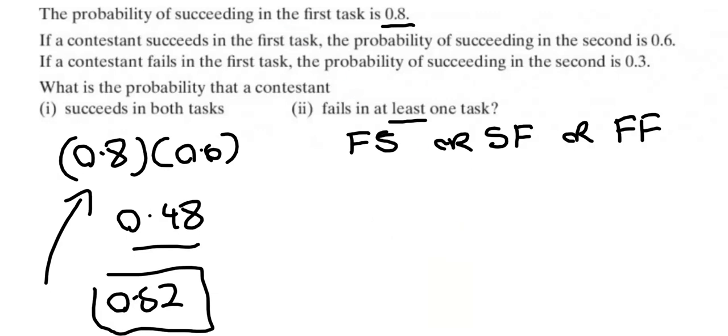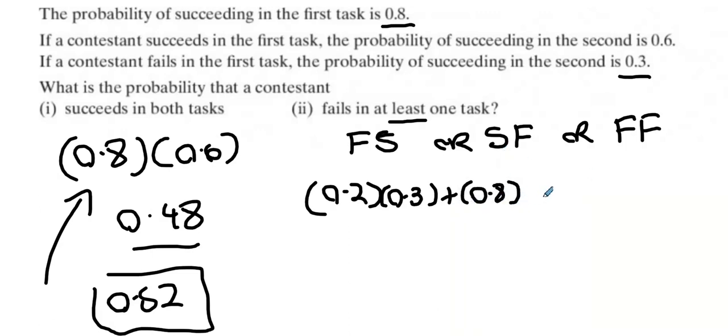Now look at this then. What's fail followed by success? 0.2 by, and if you fail the first one, 0.3. Success first time, 0.8, fail the second time: 0.4, because you're 0.6 likely to succeed.